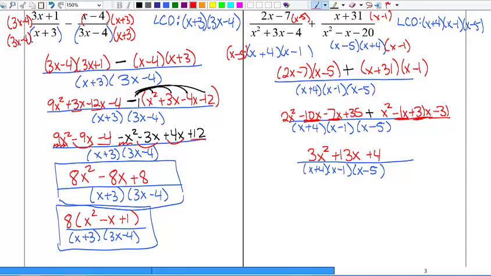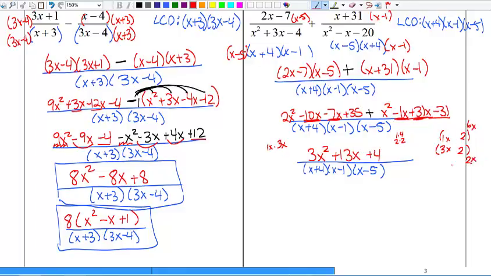At this point, I can try to factor my numerator. So my factors of 3x squared are 3x times 1x. My factors of 4 are either 1 and 4 or 2 and 2. So I'm going to come off to the side of my paper, and I'm choosing guess and check. If you want to use the AC method, you'll probably need a little bit more paper than I'm using. So that gets me 6x and 2x.